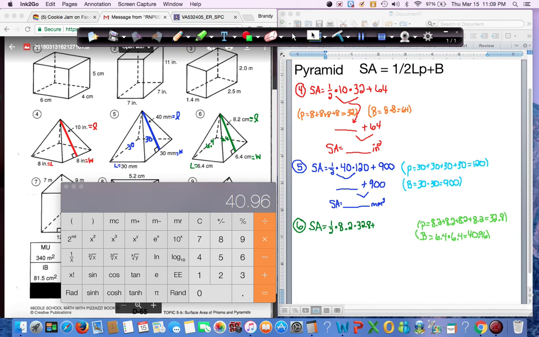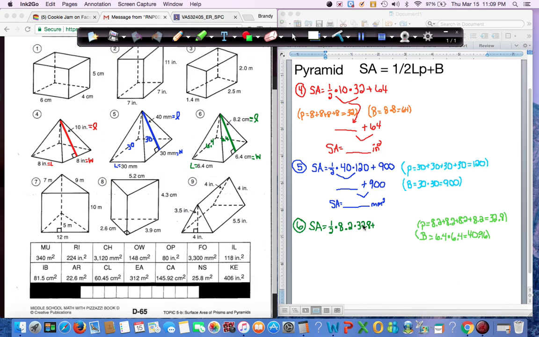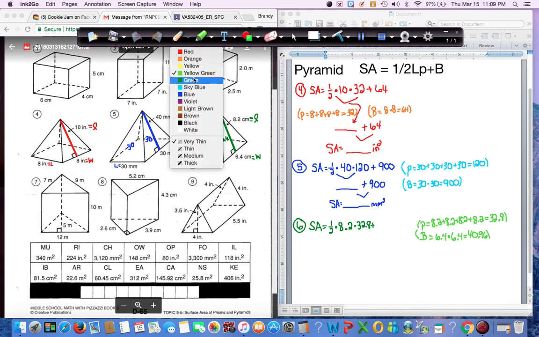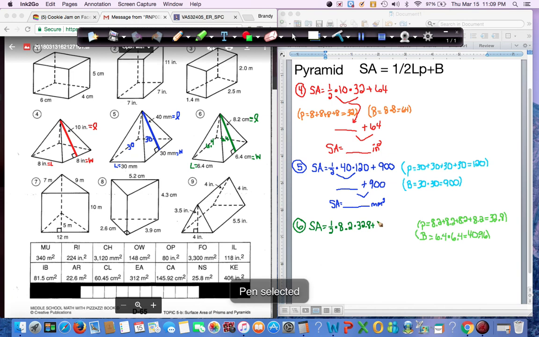Okay, let's get rid of our calculator, and we're going to come over here and write 40.96. So you multiply those, so you say 1 divided by 2 times 8.2 times 32.8, and you put that in the calculator, hit your equals, and you get that answer.